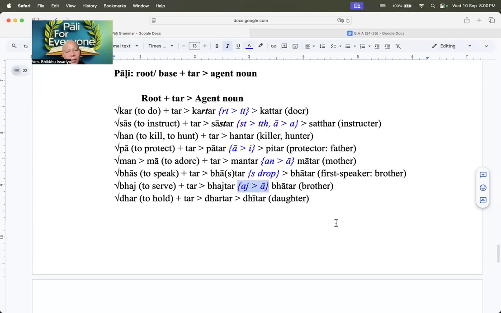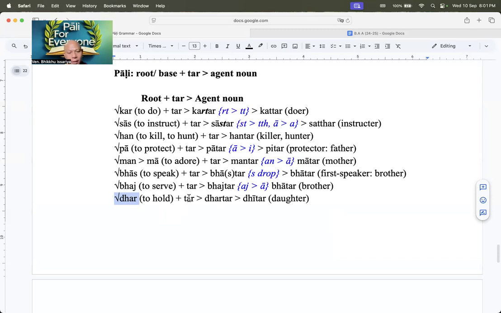Okay, and then another one is dhar. Dhar means to hold, or to bear. So to hold. Hold, maybe one who keeps, so baby keeper or protector, or maybe something like that. Just the meaning, in this way.